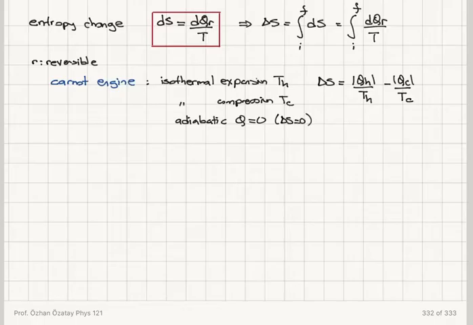This is going to give me delta S, no change in the entropy. Now I know that QH over QC for the Carnot cycle is TH over TC.